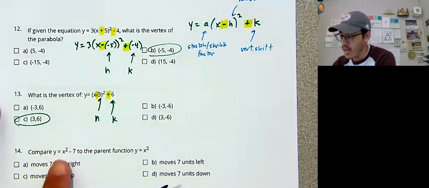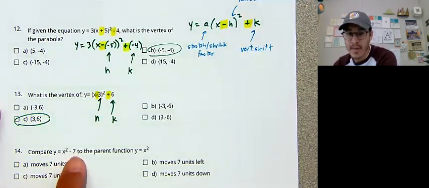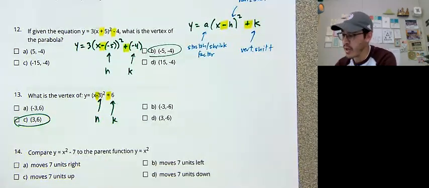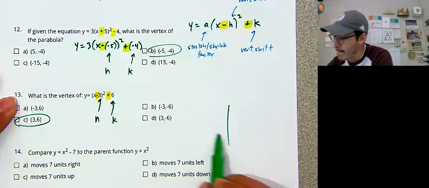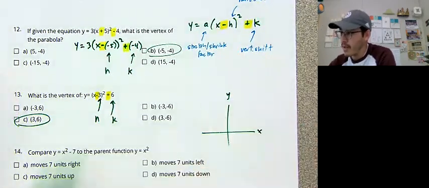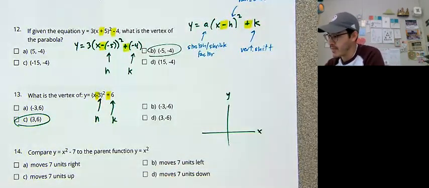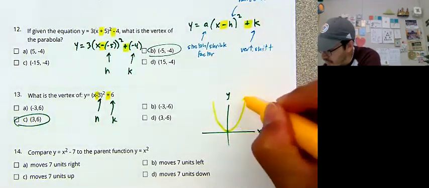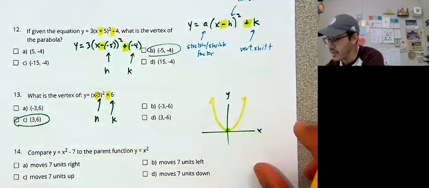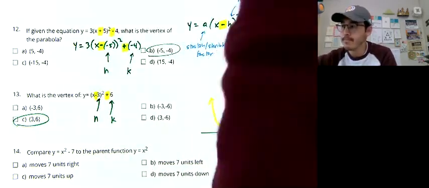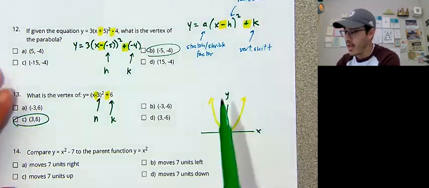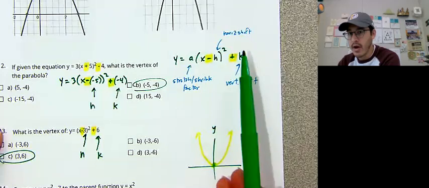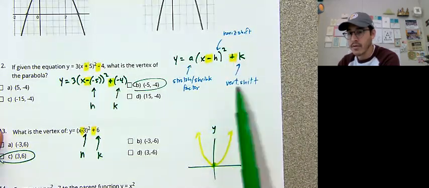All right, 14. The function is x squared minus 7, and we want to compare that to just your basic parabola x squared. Right, so remember that your basic parabola is going to have its vertex at the origin, at 0, 0. And a moment ago, we talked about this formula here and how the constant part represents a vertical shift, right?